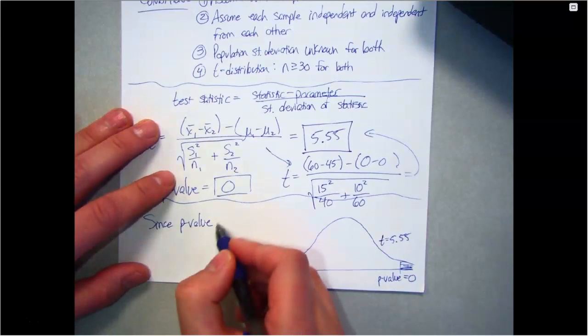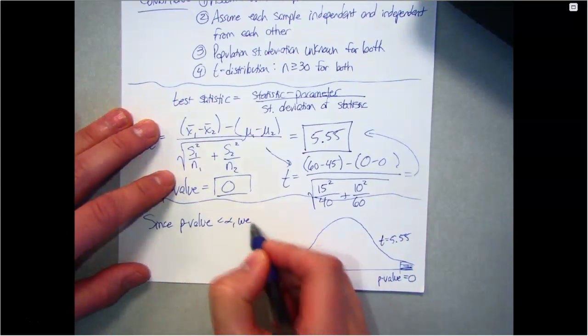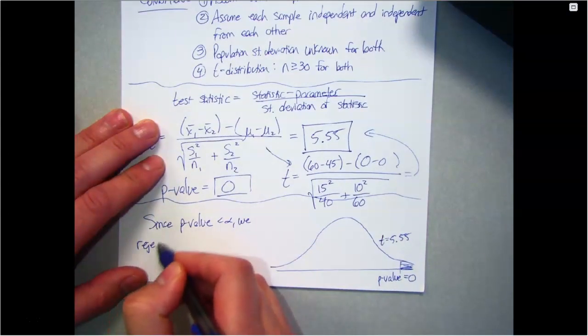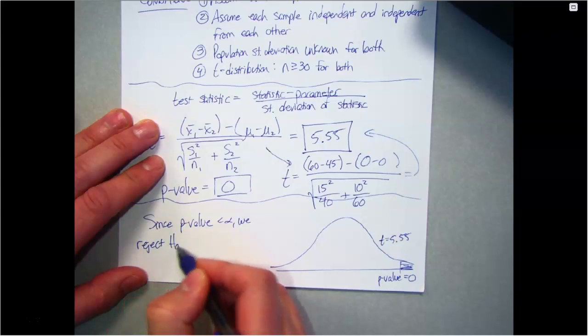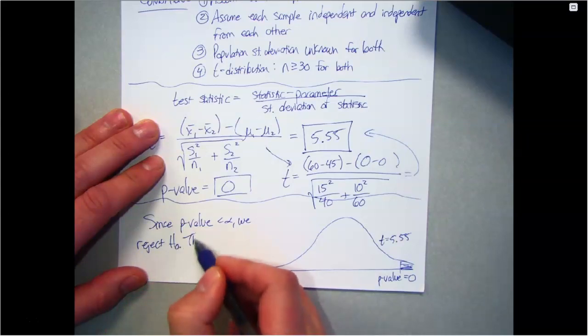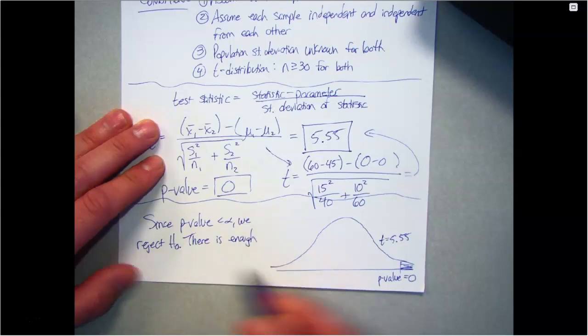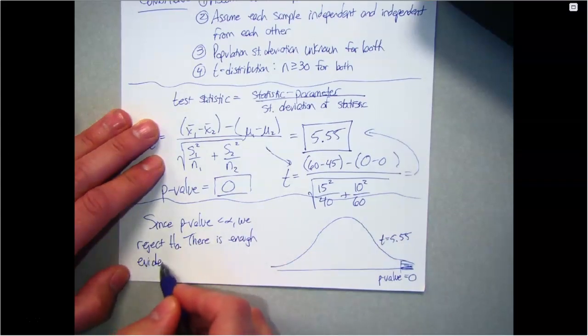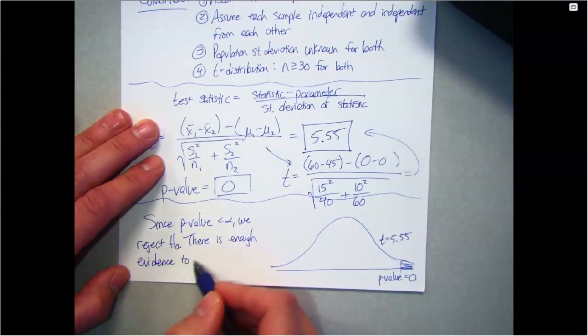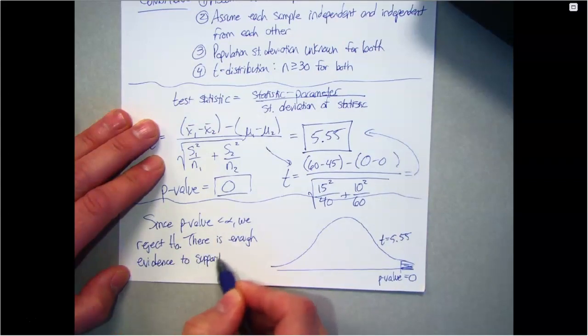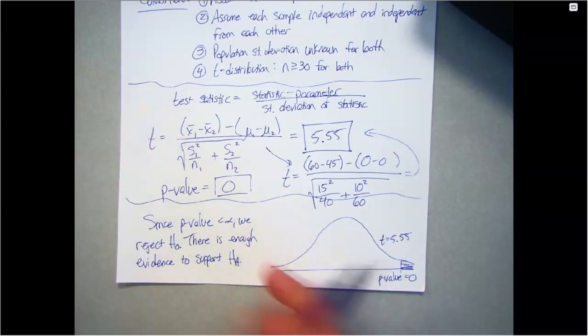But since the p-value is less than alpha, we reject HO. There is enough evidence to support HA.